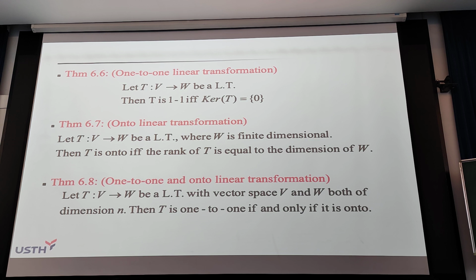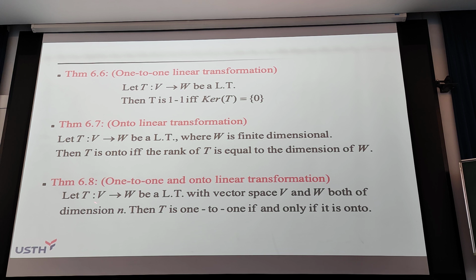And the next one, we can compare one-to-one and onto mapping. One-to-one and onto mapping look like some kind of opposite notions. However, in case of a linear transformation, sometimes they coincide with each other. That is the following case.